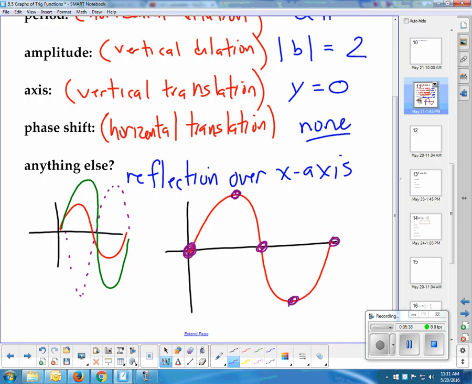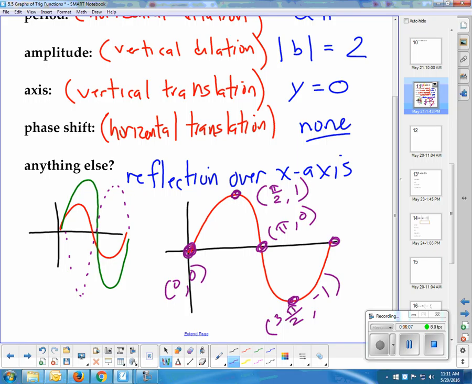This is the graph of y equals sine x untransformed. We have the point 0, 0. Sine of 0 radians is 0. We have the point pi over 2 comma 1. Sine of pi over 2 radians is 1. We have the point pi comma 0. Sine of pi radians is 0. We have 3 pi over 2 comma negative 1.